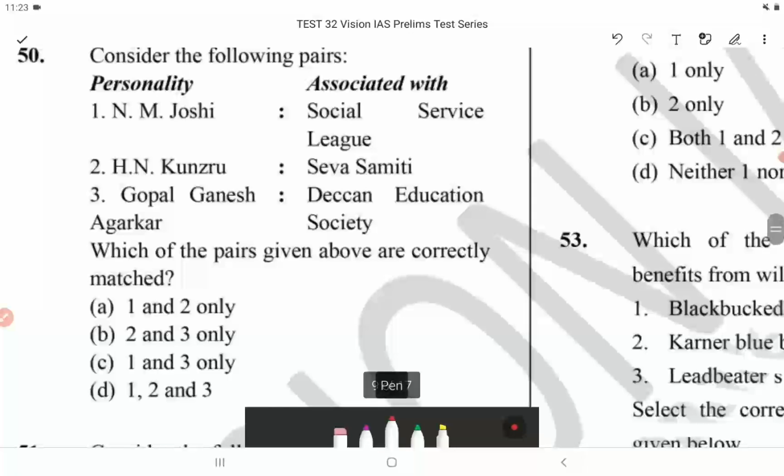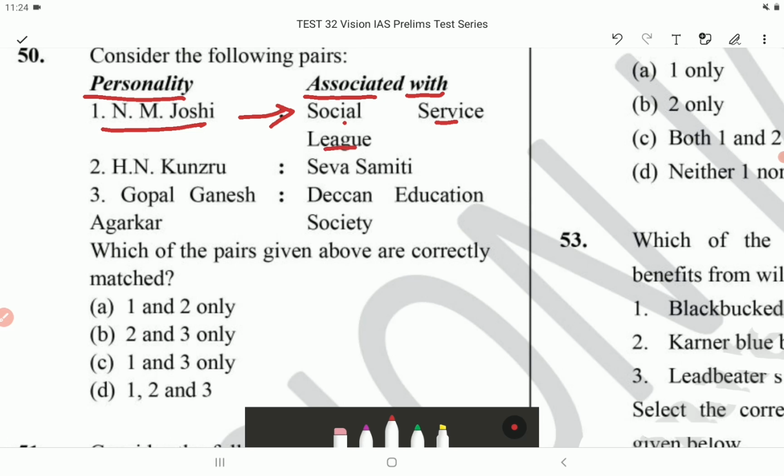Consider the following pairs. On one side we have personality, and on the other side we have the associations which they are associated with. Number 1, we have N.M. Joshi, and it is paired with Social Service League. It's correct.